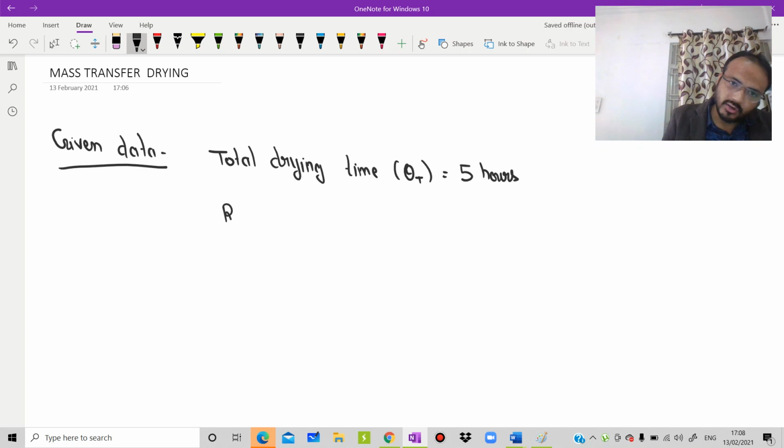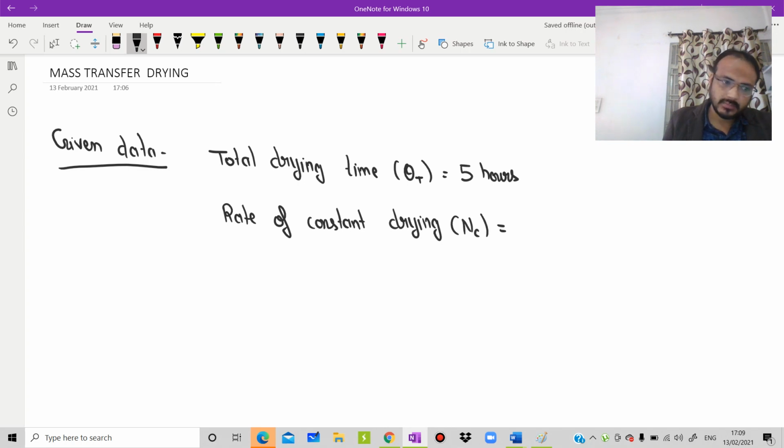Then the rate of constant drying, that is given as Nc, is 2 kg per meter square per hour.